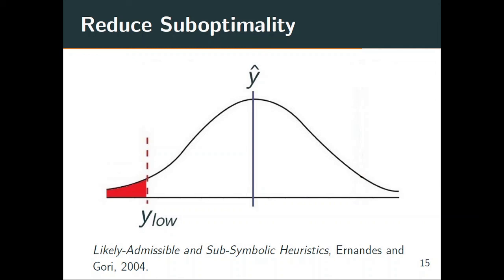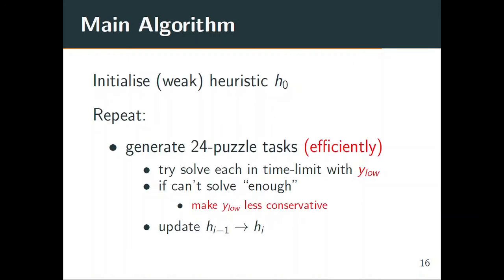Rather, we can use a point on the left tail of the distribution that is more conservative. By planning with this point, our heuristic is more likely to be admissible, and we are more likely to produce optimal plans. Therefore, by using this heuristic and learning from these plans that are more likely to be optimal, we mitigate the compounding error problem that exists with the original Bootstrap procedure.